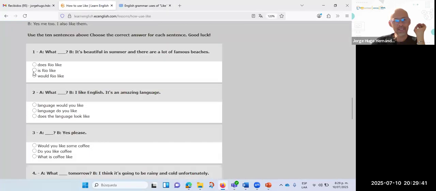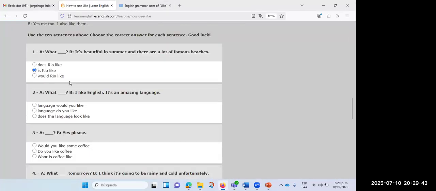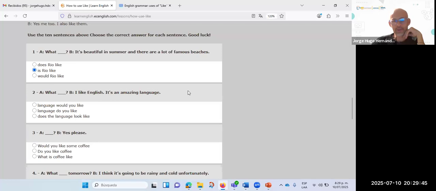In Spanish, ¿cómo es Río de Janeiro? That question is asking for characteristics, a description of Rio de Janeiro.